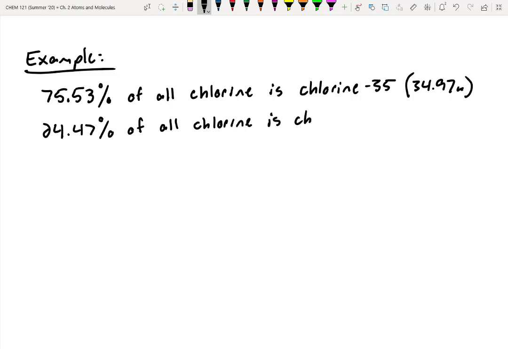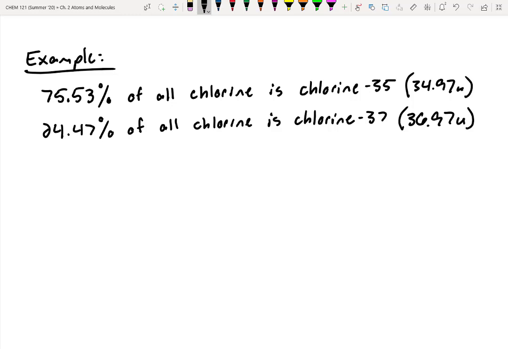In particular, it's going to be chlorine 37. And chlorine 37 obviously has 2 extra neutrons, which means it's going to have a heavier mass. And in this case, it's going to be 36.97. So it's got 2 mass units higher due to those 2 neutrons.